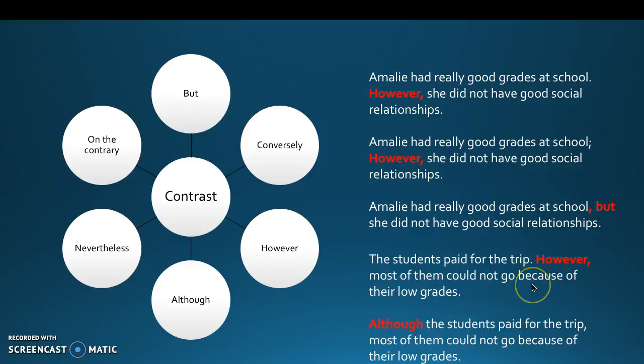When we use although, it plays the same role as however, it has the same function, so we cannot use although and however at the same time in the same sentence. So: although the students paid for the trip, most of them could not go because of their low grades. Okay? And it's basically the same. Very important: you don't need a comma here, but the comma goes here, in the first clause or in the first idea.